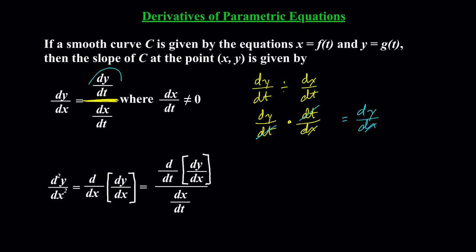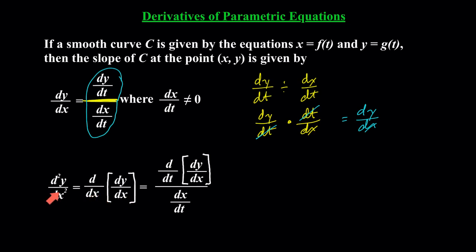All right, so this is your method of getting dy/dx when you have parametric equations, one in terms of y with respect to t and the other in terms of x with respect to t. And then the second derivative is going to be this formula here.